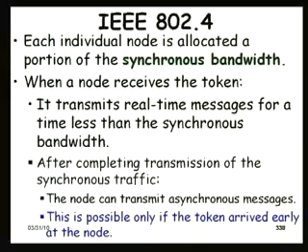The idea is that sometimes it will receive the token early. It might so happen that its previous node had neither asynchronous nor synchronous traffic, because it had made a reservation for some aperiodic traffic which did not arise. It had no asynchronous traffic to transmit, so it just released the token early. So, in that case, the token can arrive early at a node.